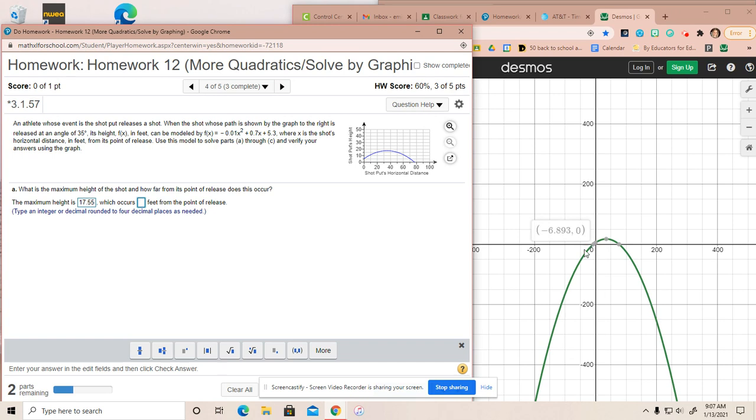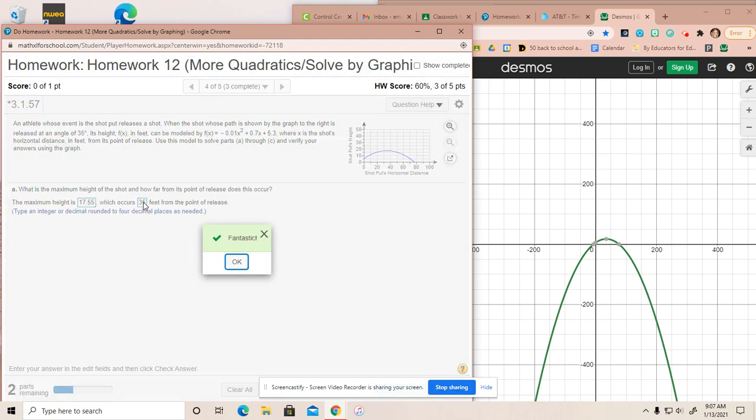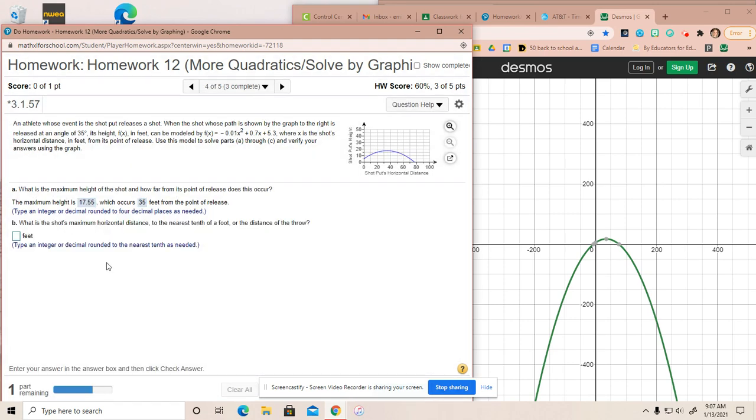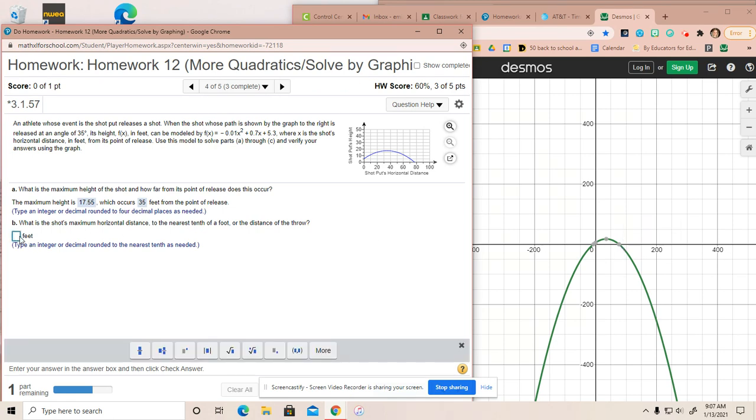And then how many feet from the point of release, that's our x, so that's 35. Good deal. And then the shot's maximum horizontal distance, that's as far as it goes to the right, and that's on the x-axis, so it's 76.893. And it says round to the nearest tenth, so that's 76.9.